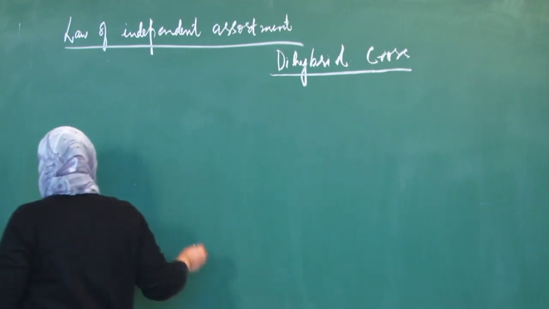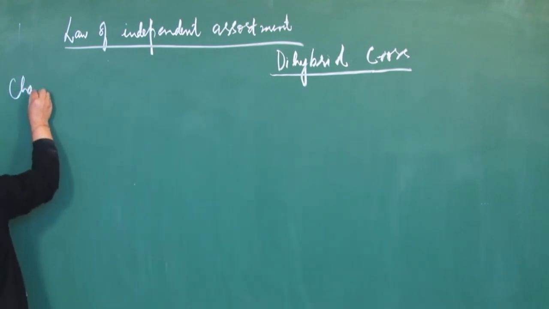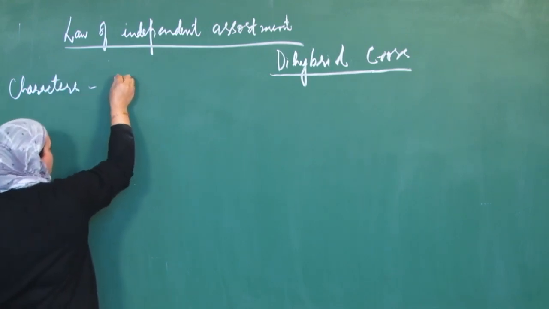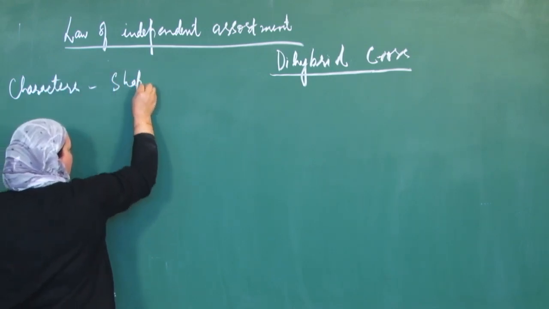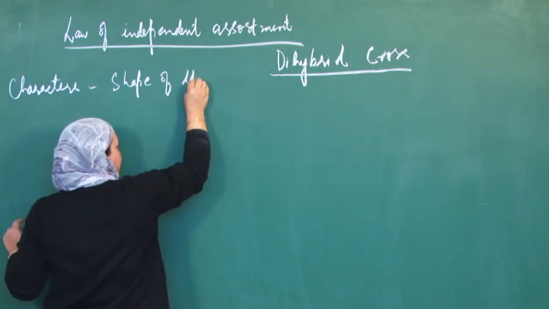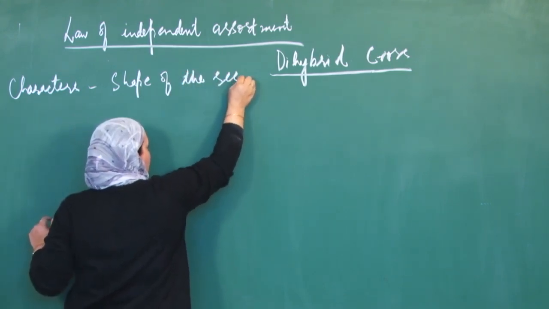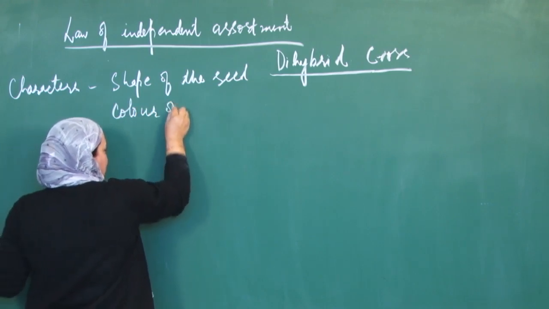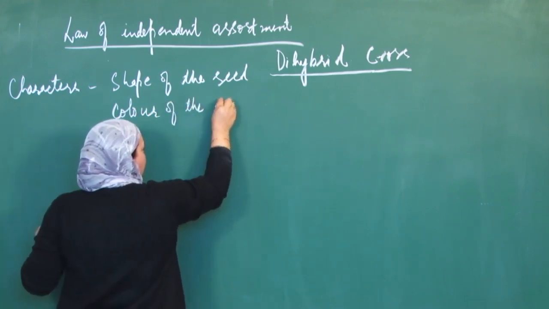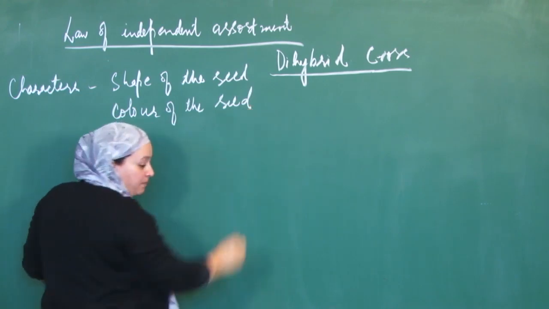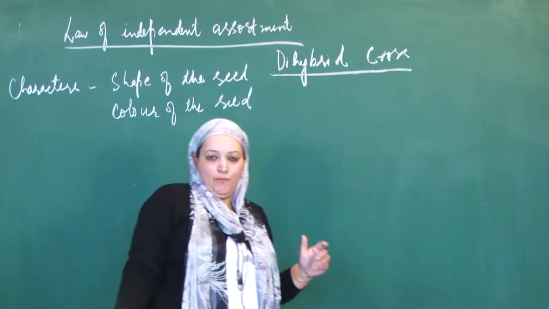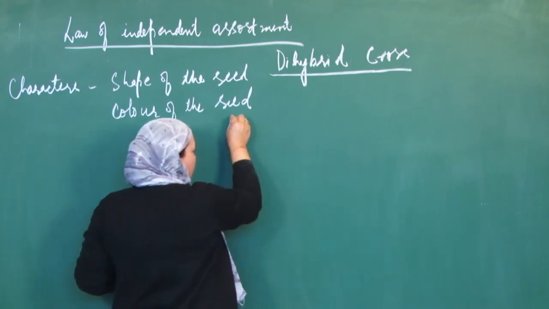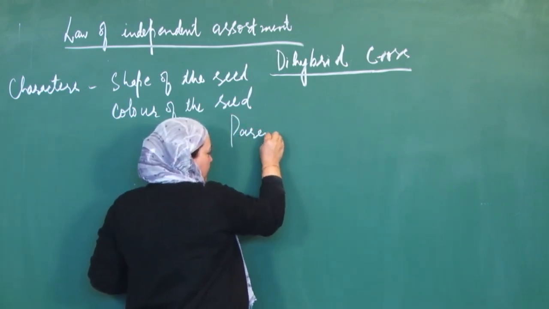What were those two characters? The shape of the seed and color of the seed. Again, he took the pure variety of the pea plant, the parental generation.